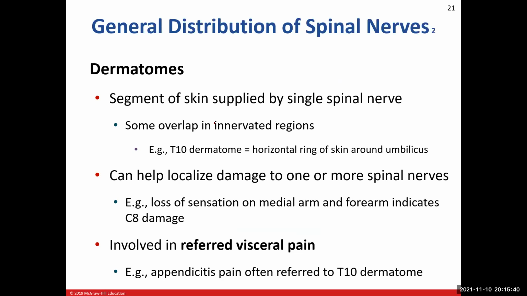So again, this is important because if someone comes in complaining of certain symptoms, and we're suspecting that there could be a reason for it related to the nervous system, then we can use our dermatome map and see, well, if this person is experiencing numbness on the outside of their leg, and they sustained an injury to their back, maybe they injured their spinal nerve and they're getting the numbness from that.